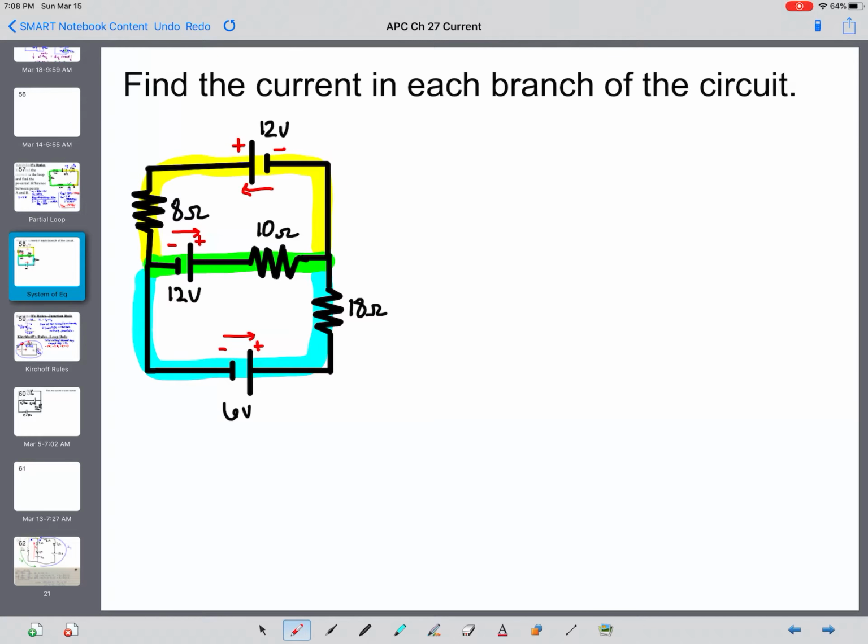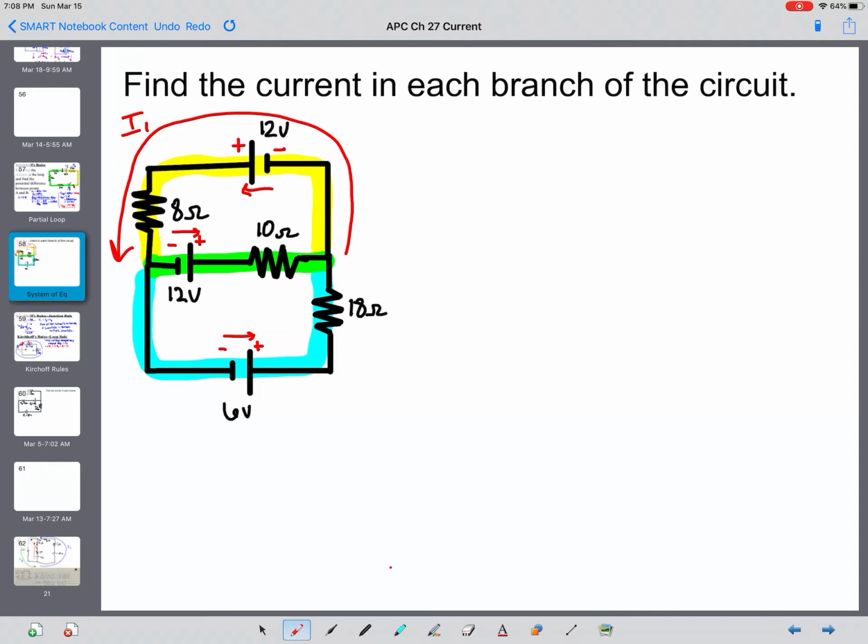In the end, if you choose a different direction to draw a current than somebody else, you'll still get the same values as long as you do the math right. You just have to have the signs correct. Based on that, the 12-volt batteries are going to dominate the 6-volt battery. So I'm going to start with I1, starting at the junction on the left, going around in that counterclockwise direction for all of the yellow.